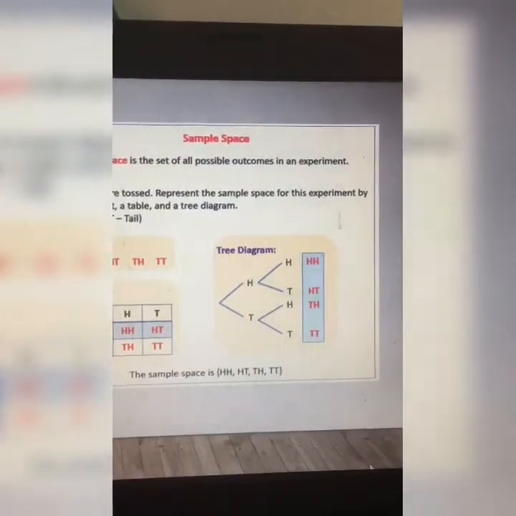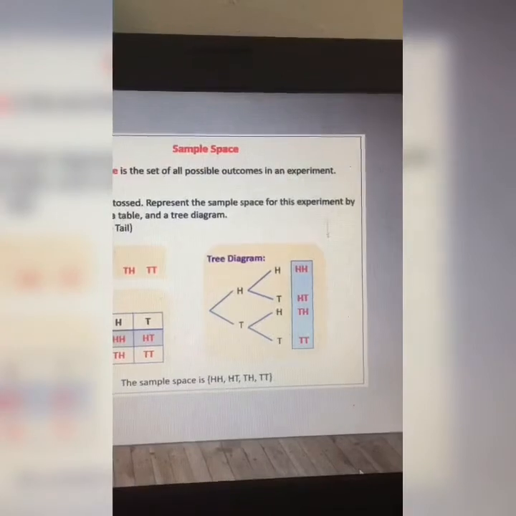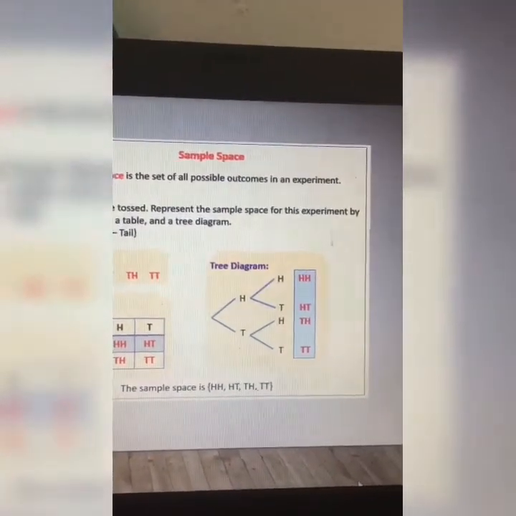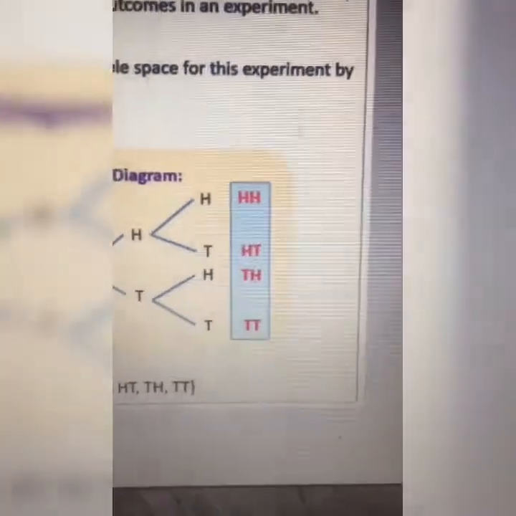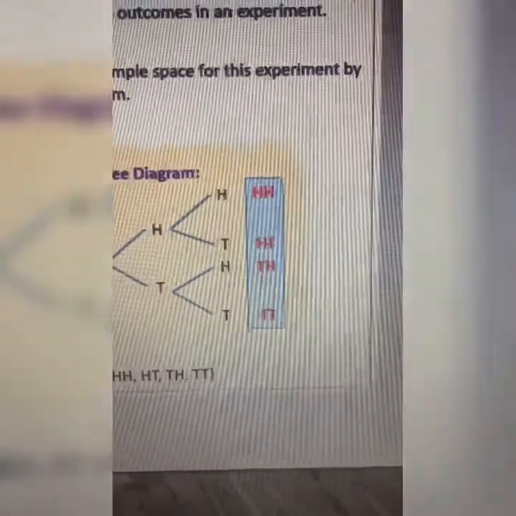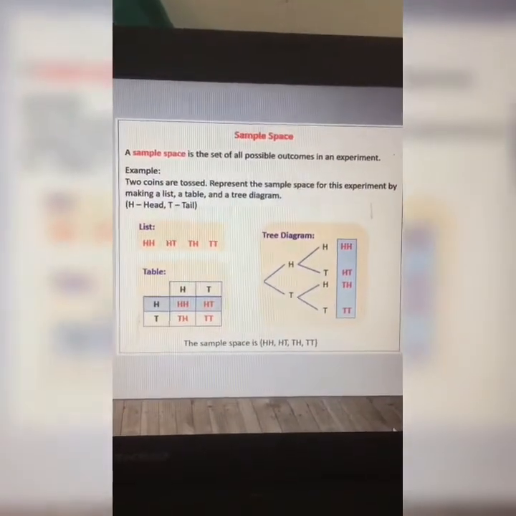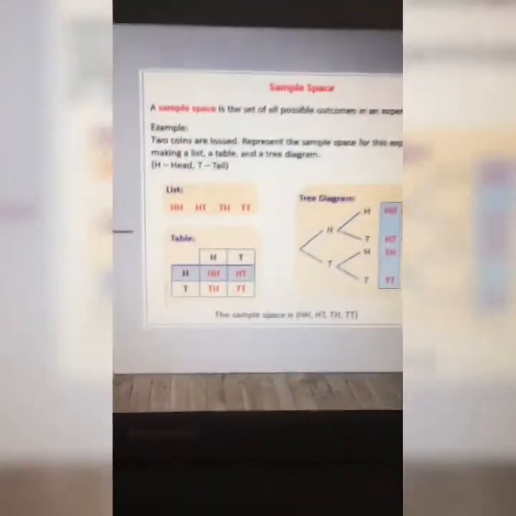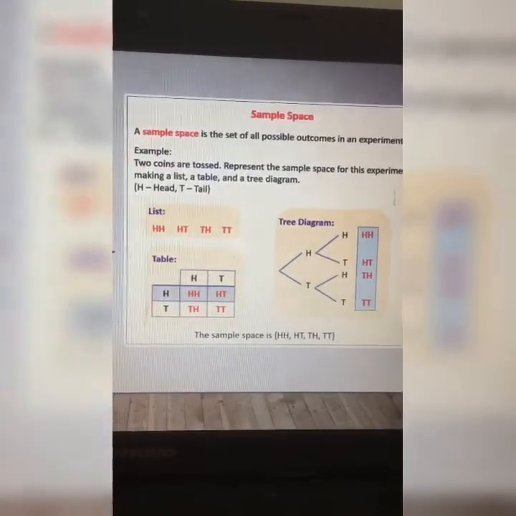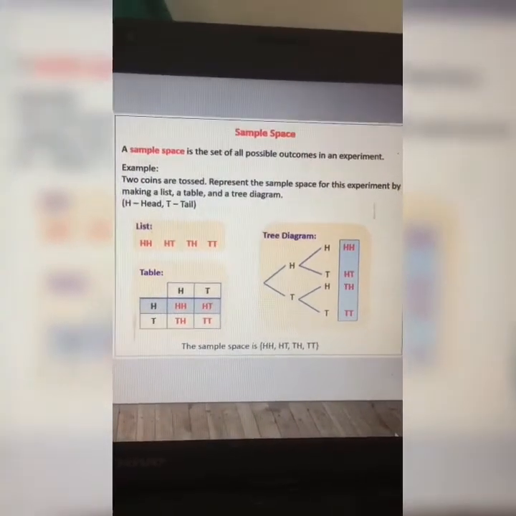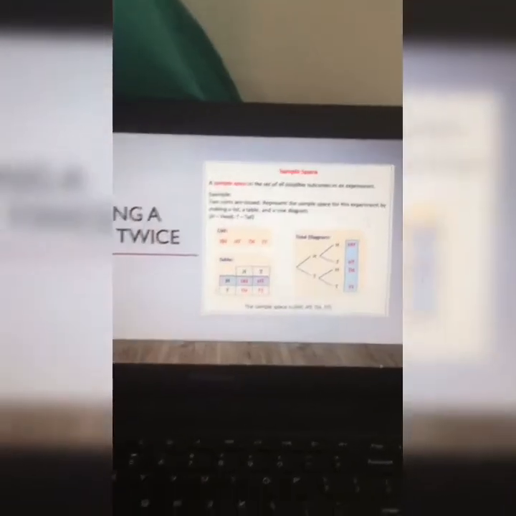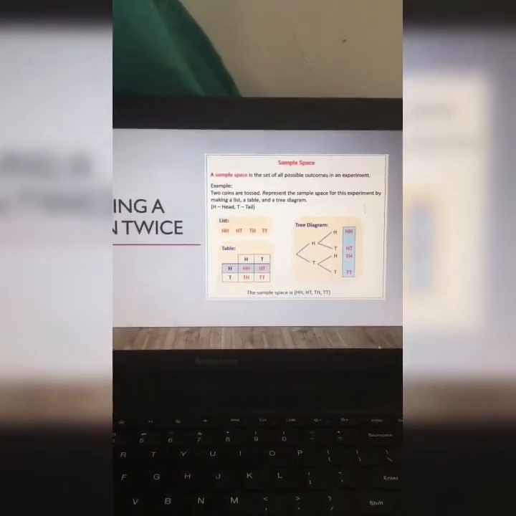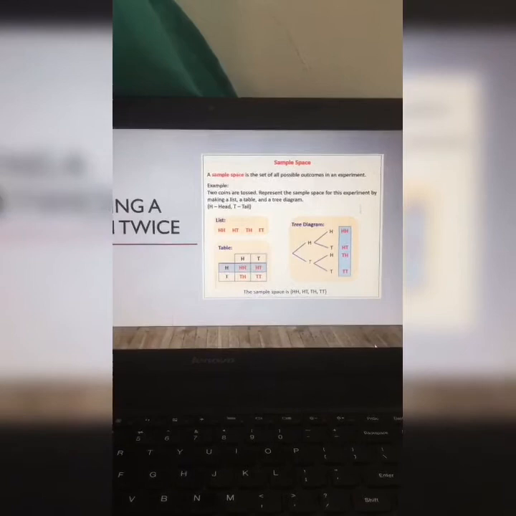For our final answer, the red ones, it is like we just add those letters: head head, head tails, tails head, and tails tails. For this problem, our sample space is head head, head tails, tails head, and tails tails. And that's our first example on probability and sample space.